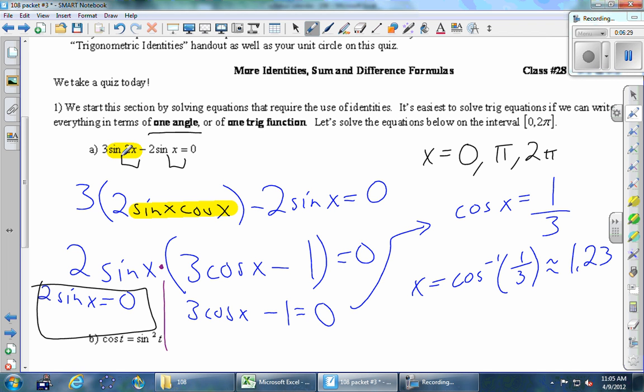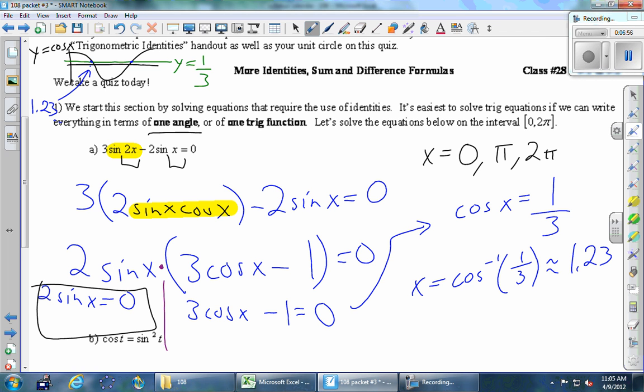We had a few different ways to do this, but I'll just pick one here. I will draw the cosine function. And then I'm going to draw a horizontal line at 1/3. And say that the first answer we found, which is right at that dot, is at 1.23.